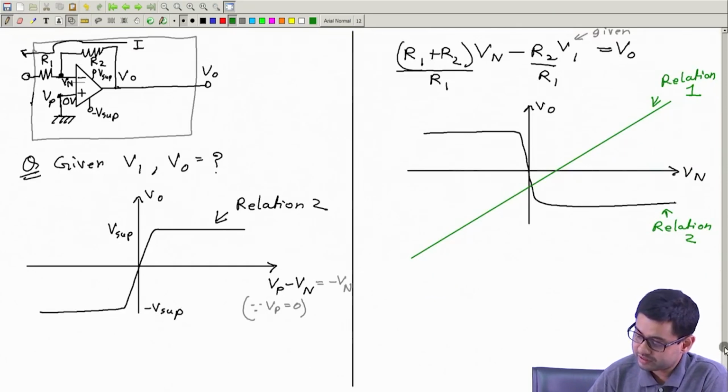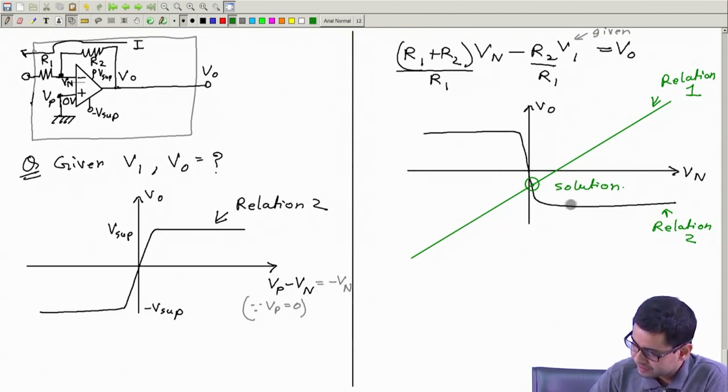and what is the solution? The solution is at the intersection, which is here. Okay, so the solution is just this. So now for an ideal op amp, this line is almost vertical, right? So this almost goes along the y axis.